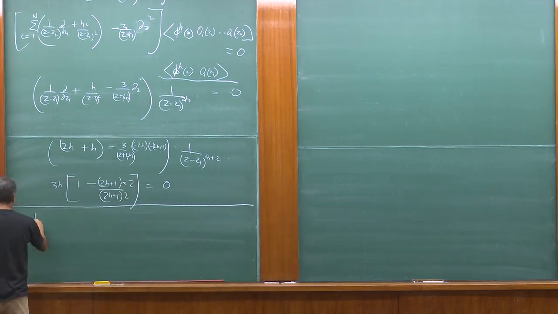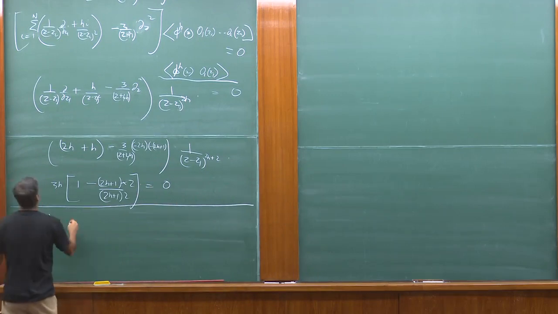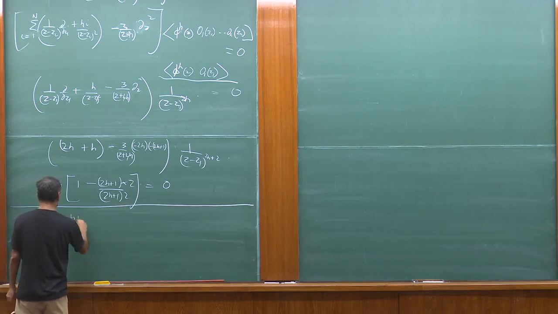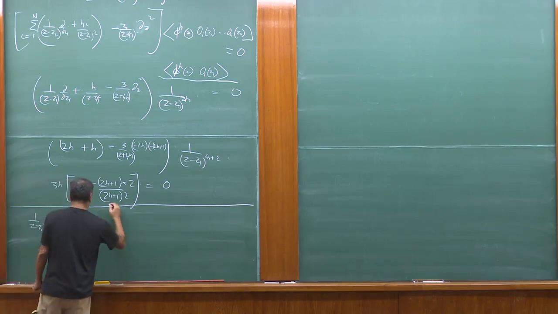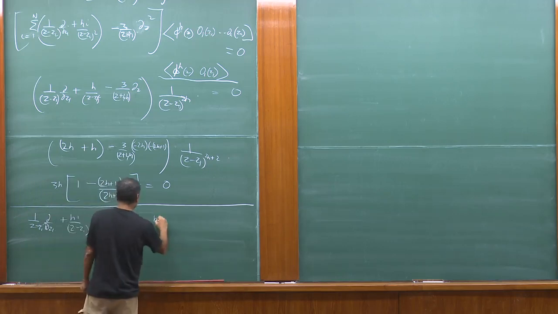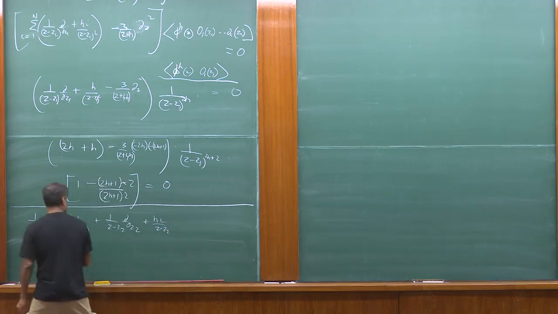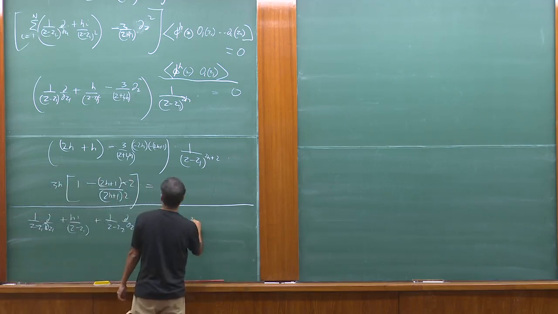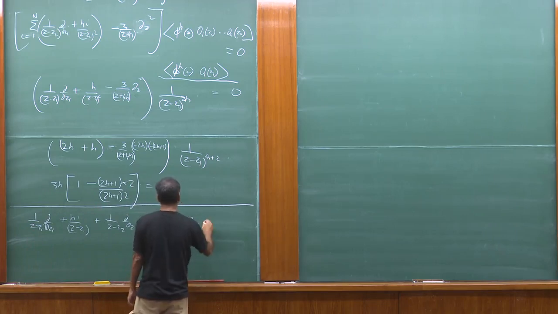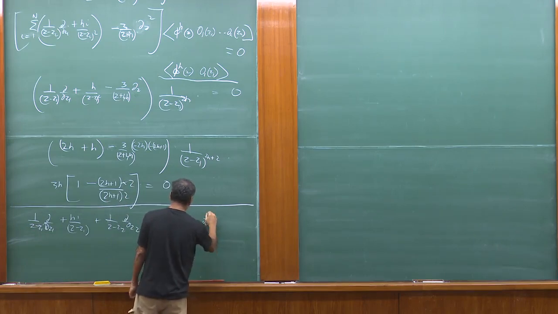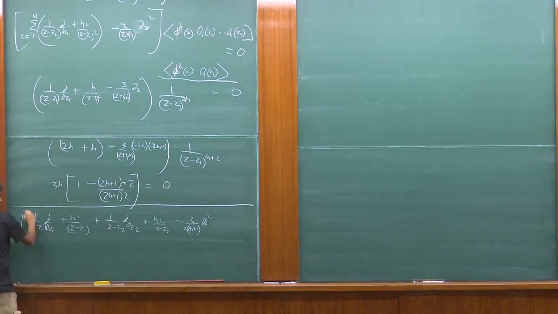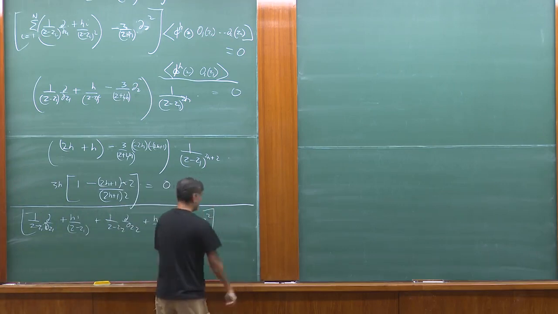We get 1 by z minus z1 del by del z1 plus h1 over z minus z1, plus 1 by z minus z2 del by del z2 plus h2 over z minus z2, minus 3 over 2 into 2h plus 1, del z squared, now on what?